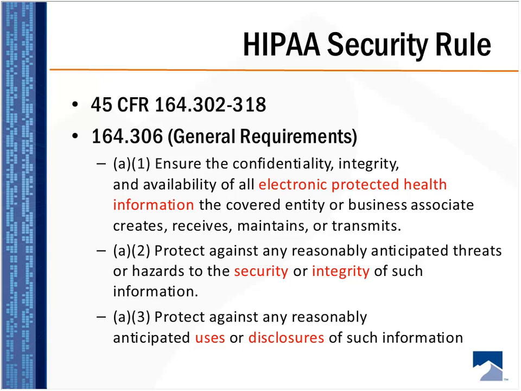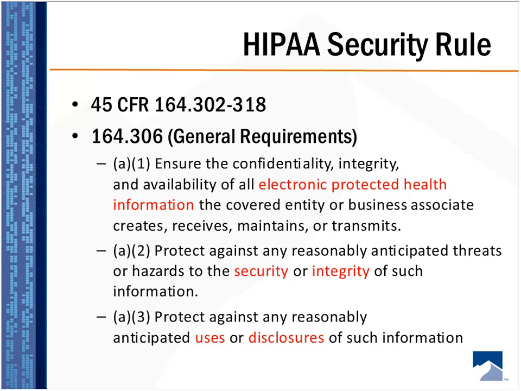So the applicability of the security rule to covered entities, we're not going to spend time on that, but just a couple of sites here. We're dealing with the security rule applying to electronic protected health information, or EPHI, and it is EPHI that the covered entity creates, receives, maintains, or transmits.